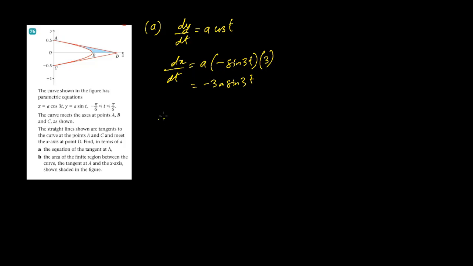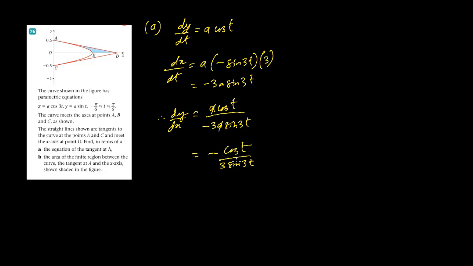Therefore dy by dx is equal to dy by dt, which is a cos t, divided by dx by dt, which is minus thrice a sine 3t. So this a and this a cancel, so we get minus cos t divided by 3 sine 3t.